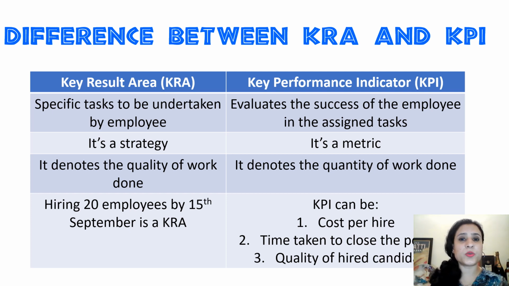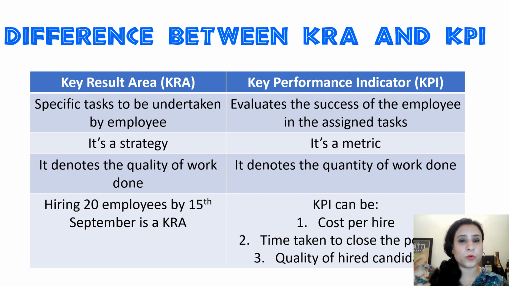That means it quantifies whatever amount of work has been done. So KRA denotes the quality of work done and KPI is the quantity of the work done. So out of 20 employees that you were supposed to hire, were you able to hire all 20 or you could hire only 10 or you could not hire any employee. So that is what the KPI will measure.